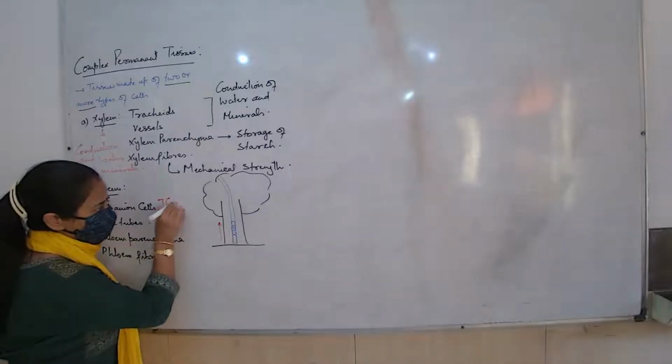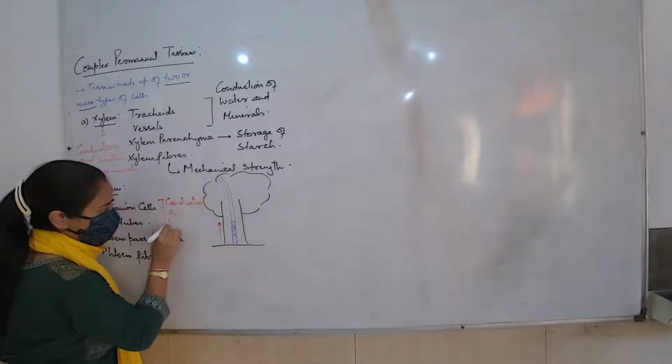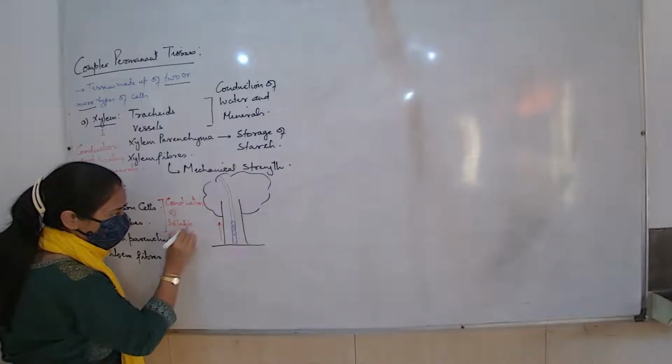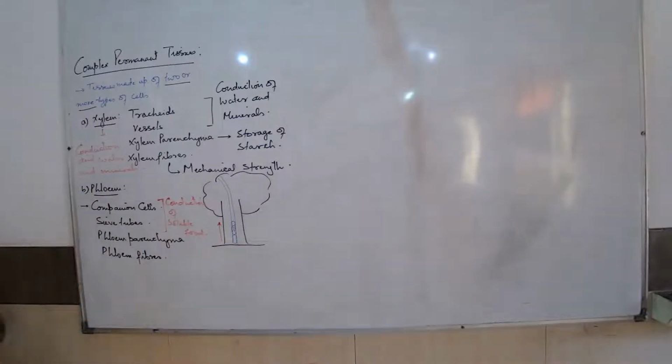They are concerned with the conduction of soluble food. Otherwise, if I have to talk about parenchyma, more or less the same function. Parenchyma helps in the process of storage, and fibers are majorly associated with protection and support functions. So this is what we are talking about: the phloem.